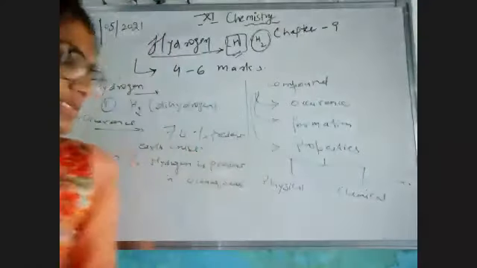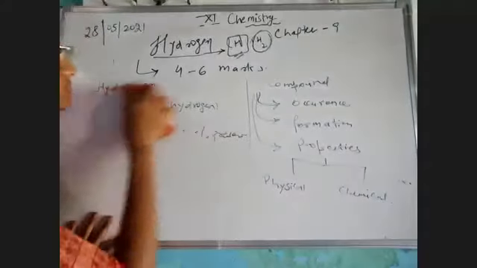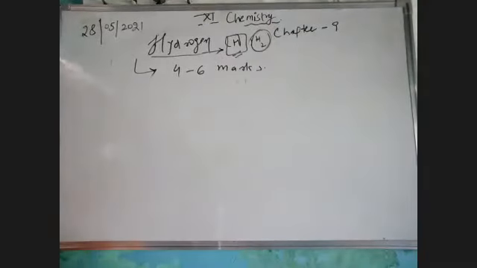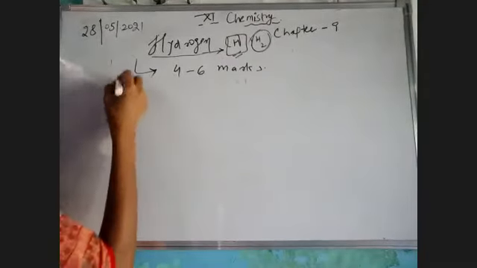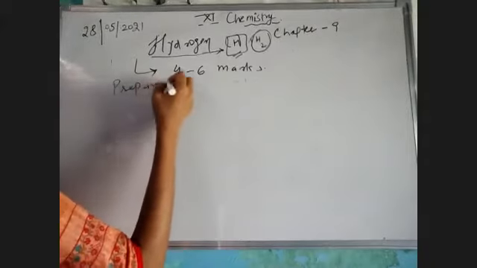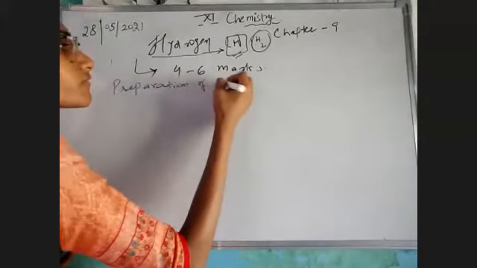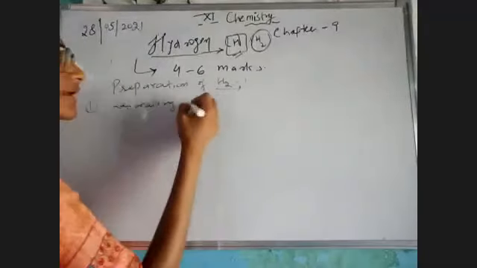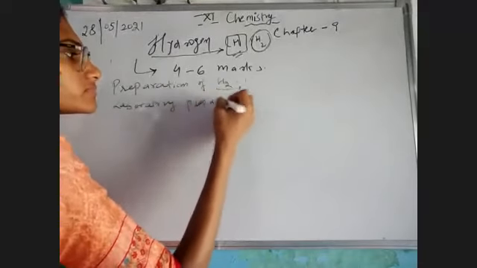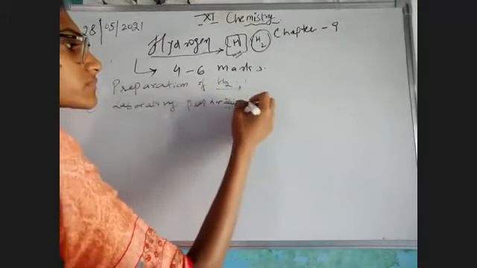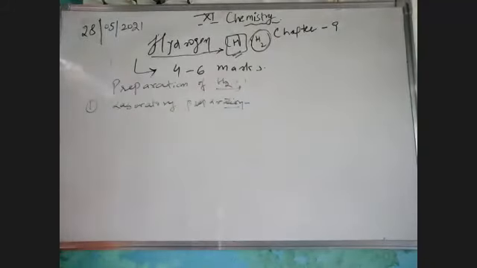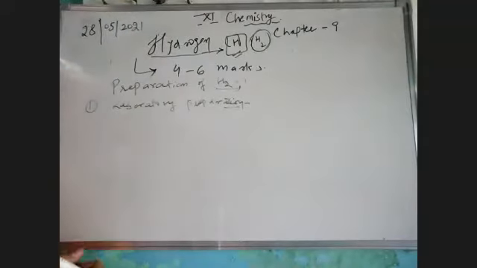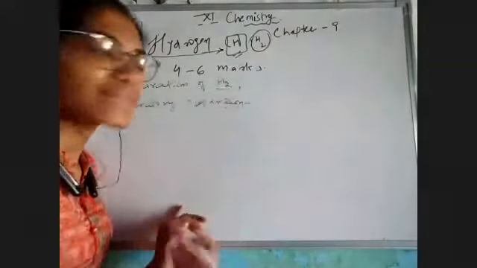Okay, let's start with the preparation of dihydrogen. First, the laboratory preparation. That means how can we prepare it in our labs. Laboratory preparation means we need hydrogen only in small amounts.